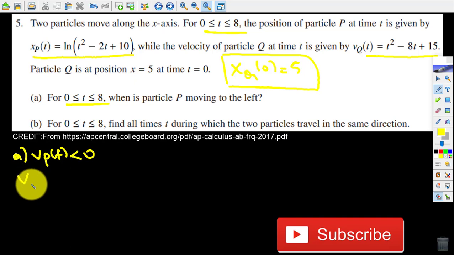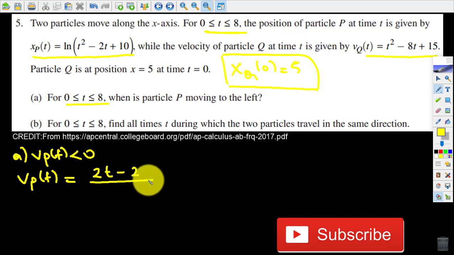The velocity of particle P, if I apply the derivative rule for the natural log function, is going to be 2t minus 2 divided by t squared minus 2t plus 10.